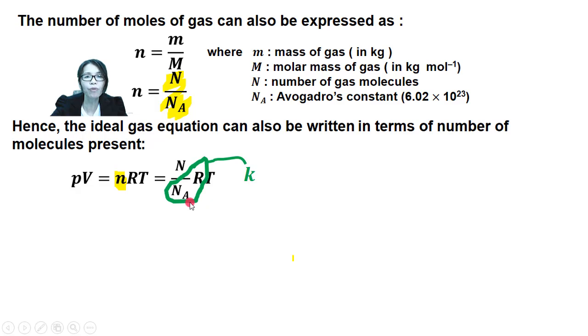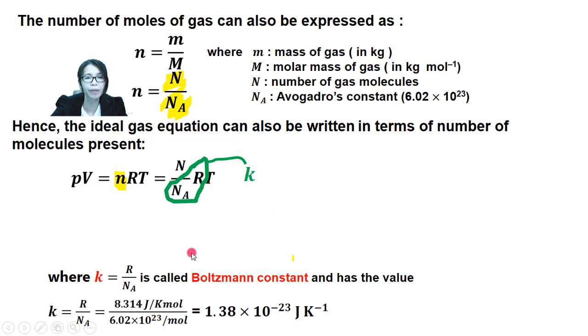So R over Na, I can represent with a constant I denote by small k. The k is what we call the Boltzmann constant. When I do the calculation, the value of k is around 1.38 times 10 to the power of negative 23 joule per Kelvin. This value is the Boltzmann constant. No need to memorize, it will be given in the list of constants.